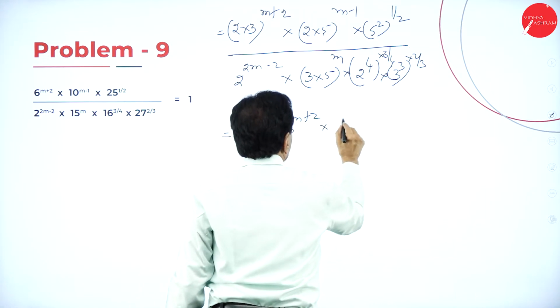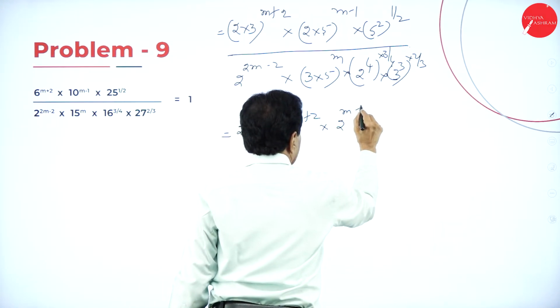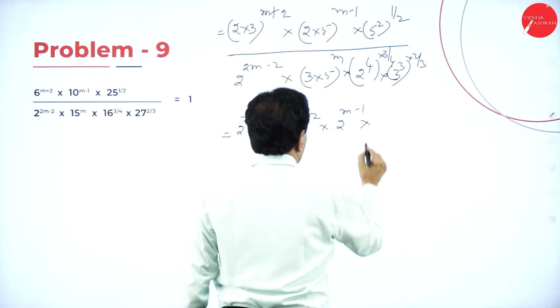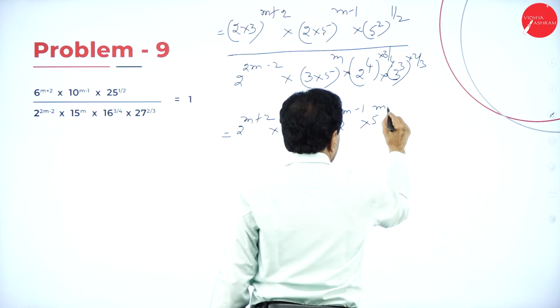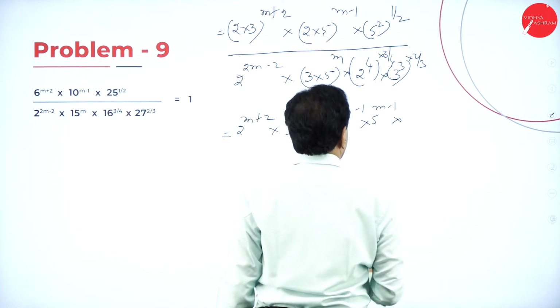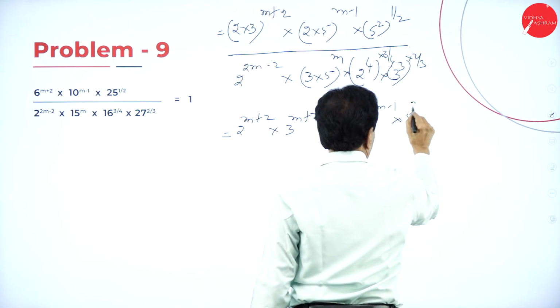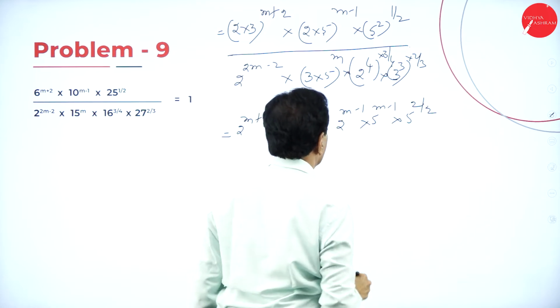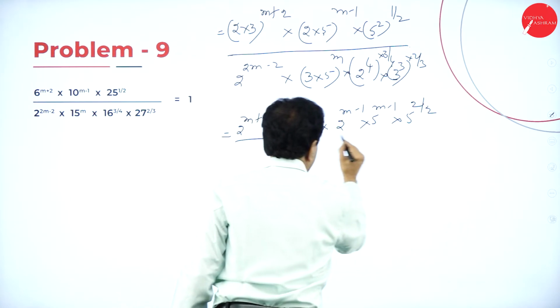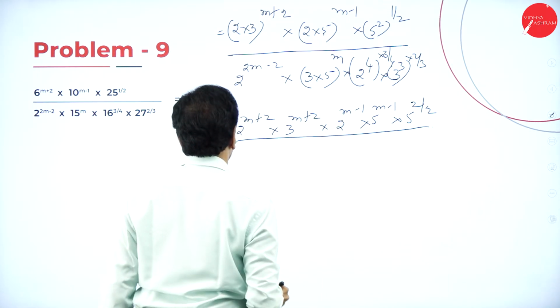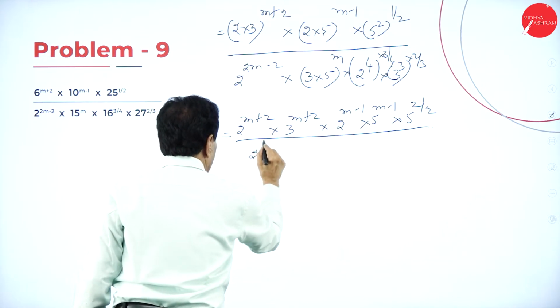Into 2 to the power of m minus 1, 5 to the power of m minus 1. So this is 2 to the power of 2, 2 cancel out, 5 to the power of 2 divided by 2. This is 2 to the power of 2m minus 2.